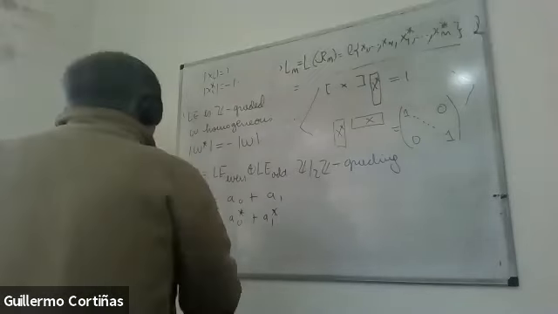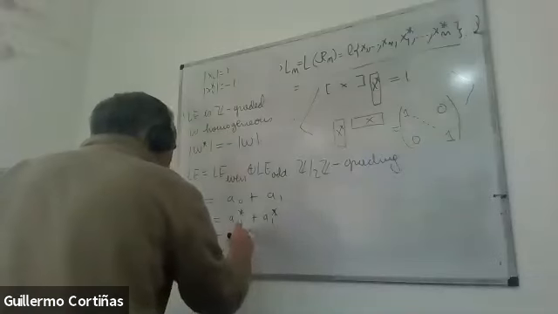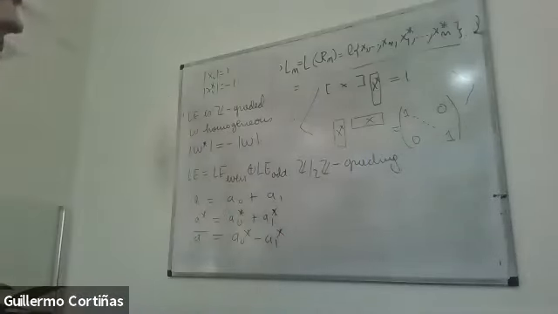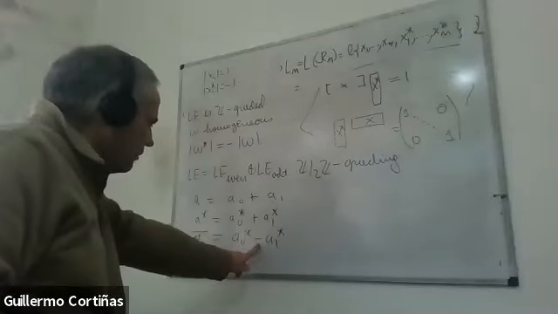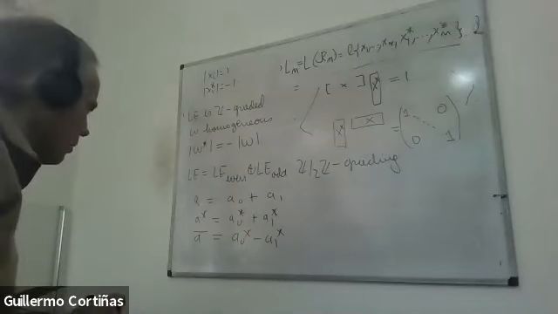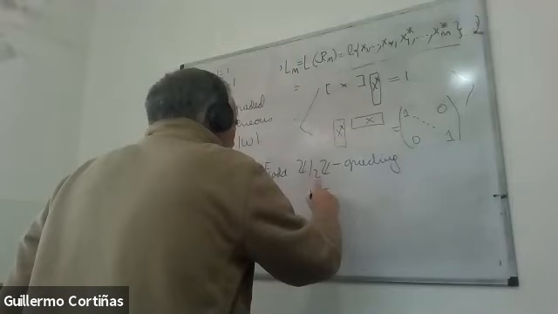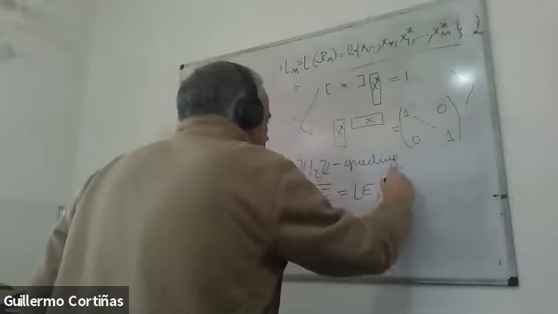Okay, now define a new involution, A bar, by sticking a -1 in here. Same thing, but with a -1. Okay. So the resulting algebra I will call LE bar. This is LE with a bar involution.